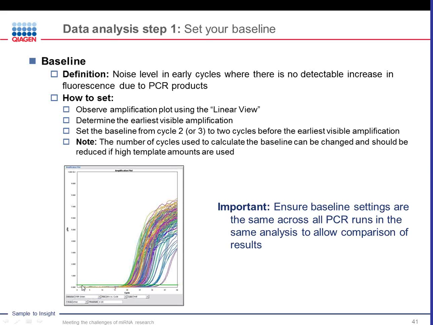From there, you set your baseline from cycles 2 or 3 to 2 cycles before your earliest visible amplification. As a general note, the number of cycles used to calculate your baseline can be changed and should be reduced if high template amounts are used. And very importantly, be sure that your baseline settings are the same across all PCR runs.